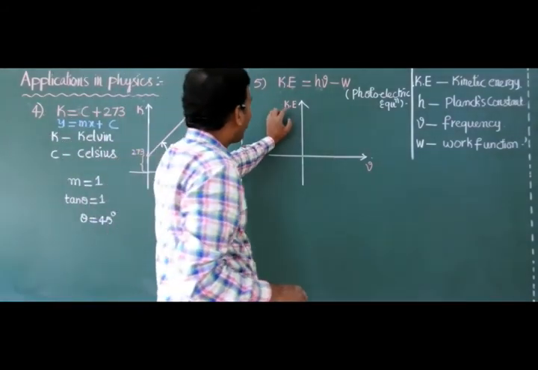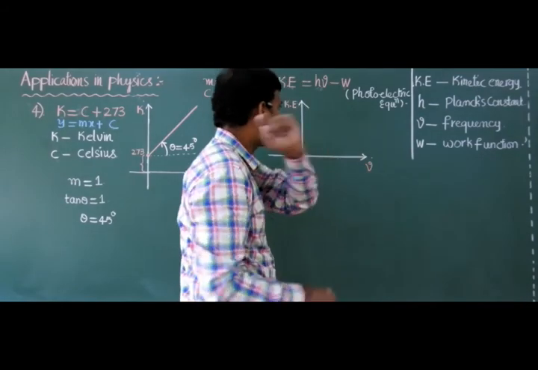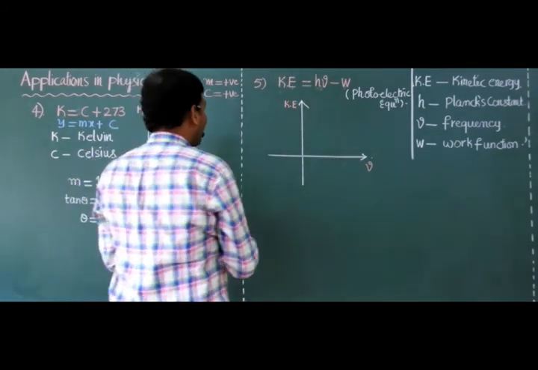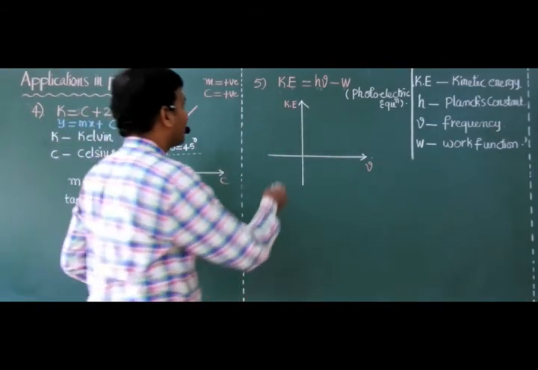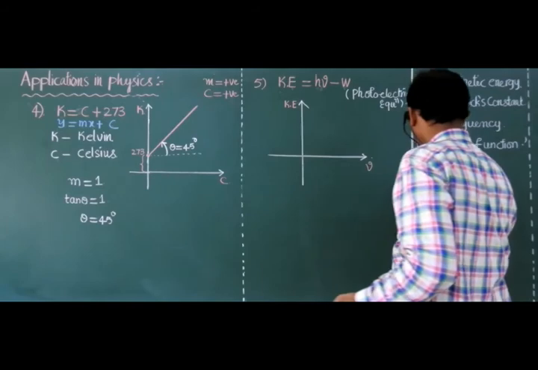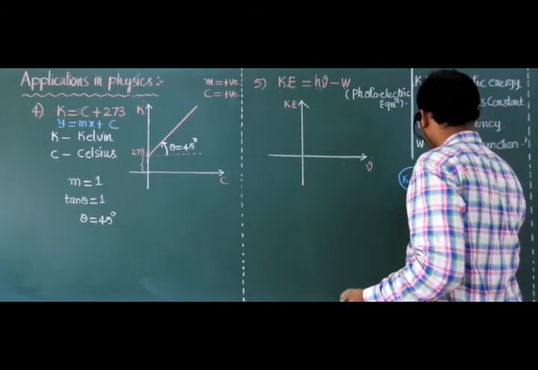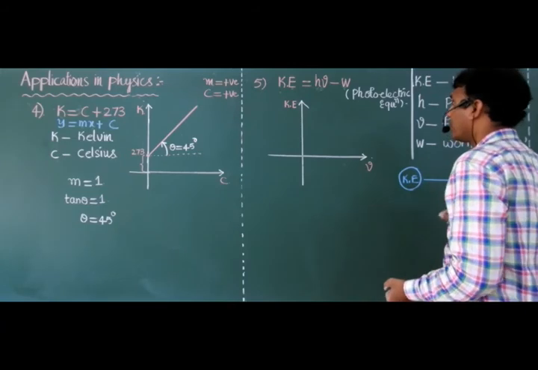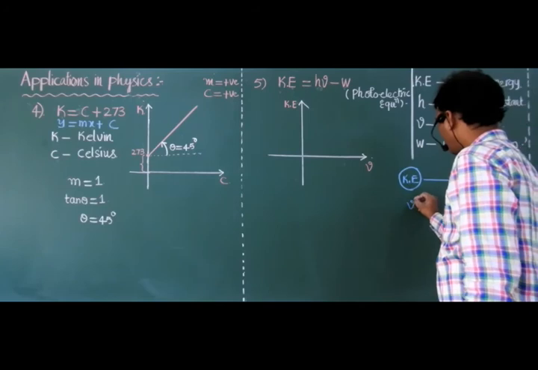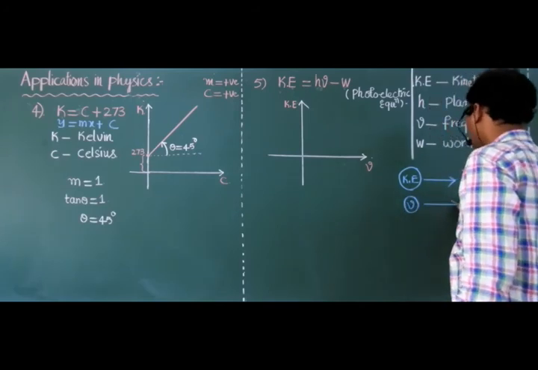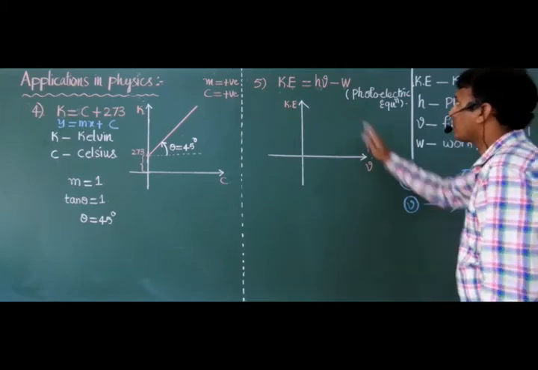Then here I want to plot a graph between KE versus frequency. Kinetic energy versus frequency. So this is kinetic energy, equals Y. Nu equals X. Clear?